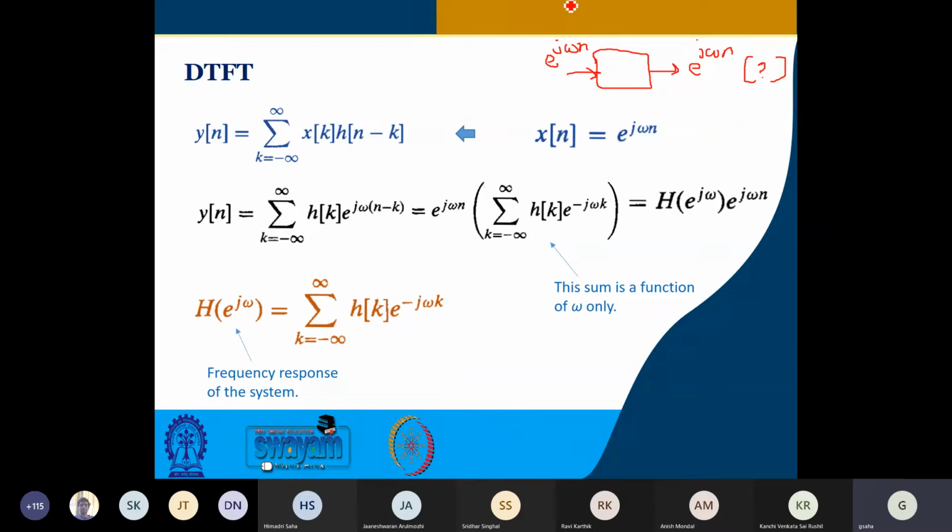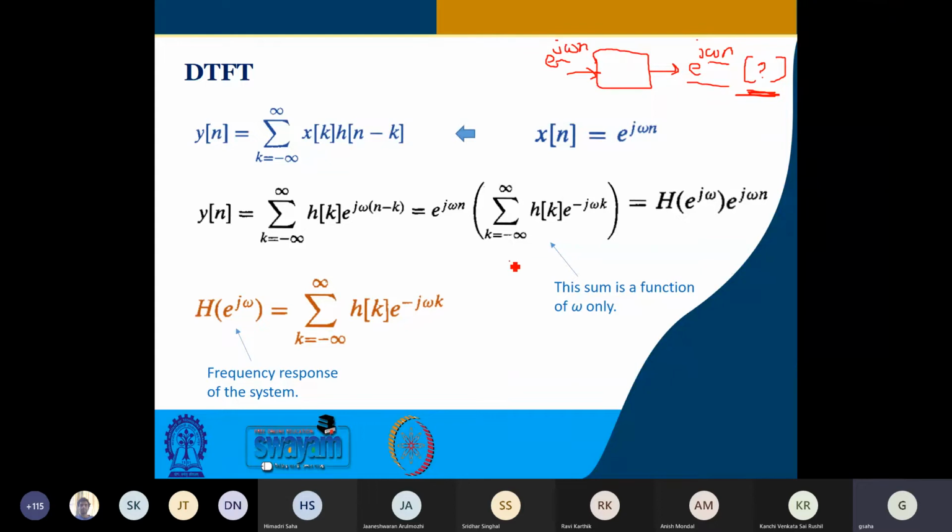Okay. So the input is the same as the output in its nature as far as the frequency and other things are concerned, but modified or multiplied by some quantity. So what is this quantity?